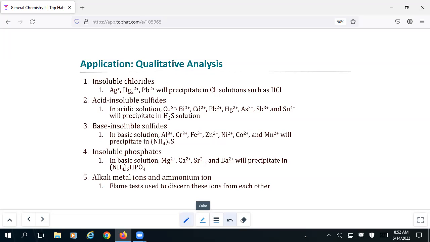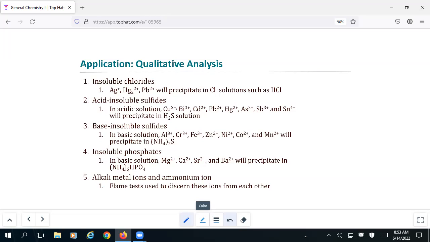Now, there are other analyses that you can do. We have skipped them, again, primarily for time. This isn't a qualitative analysis class. We're just introducing you to the technique, and it does fold into what we've been talking about here. But if you were to continue on, your group 2 ions precipitate in a solution of phosphates.